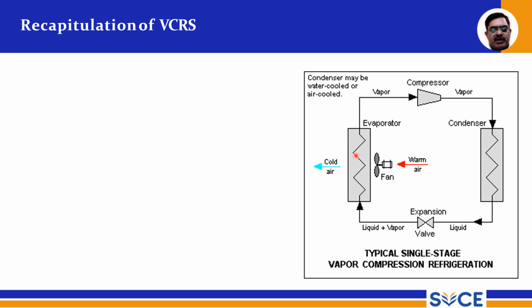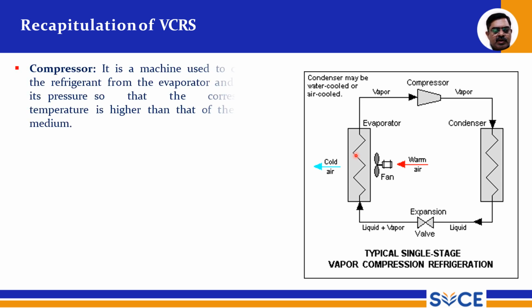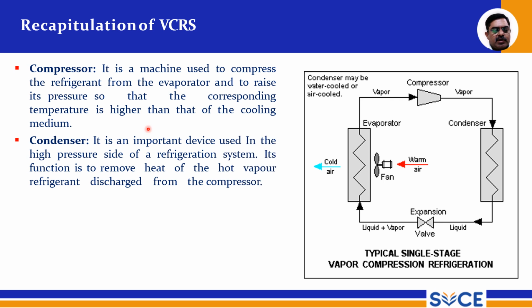These are the four major components of our vapor compression refrigeration system. The compressor is a machine used to compress the refrigerant from the evaporator and raise its pressure so that the corresponding temperature is higher than that of the cooling medium. That is the need for the compressor in our refrigeration system.